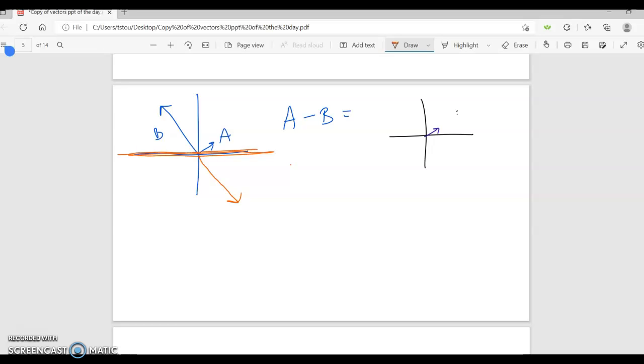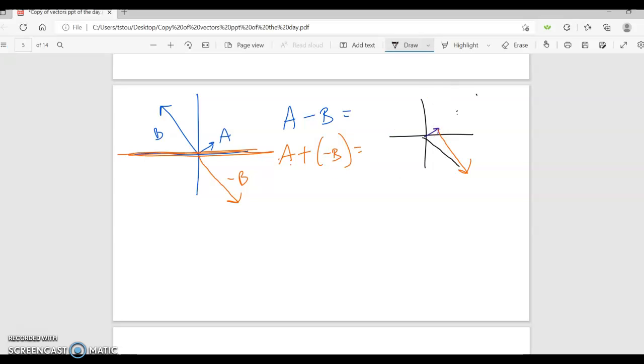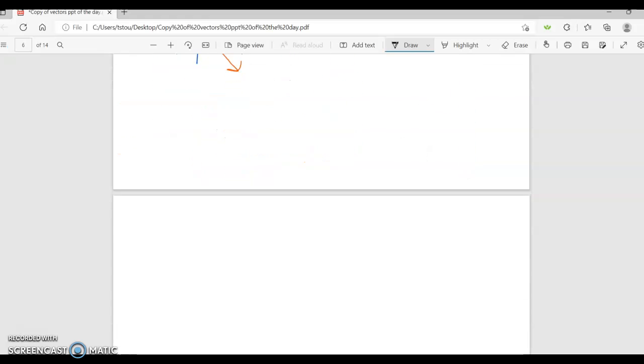And so this is my minus B vector. So A minus B added to that part is like this. So it's kind of like I'm doing A plus a negative B, because A plus a negative B is the same as A minus B, which means my resultant vector is going to be this one right here. Now we're not going to do minuses too often, but that is how you would do them.